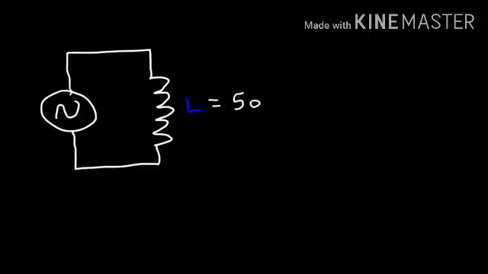Now, let's say we have an AC signal, an alternating current, attached to an inductor, which has this symbol. The inductor has an inductance, let's say, 50 millihenries. What equations apply in this circuit?